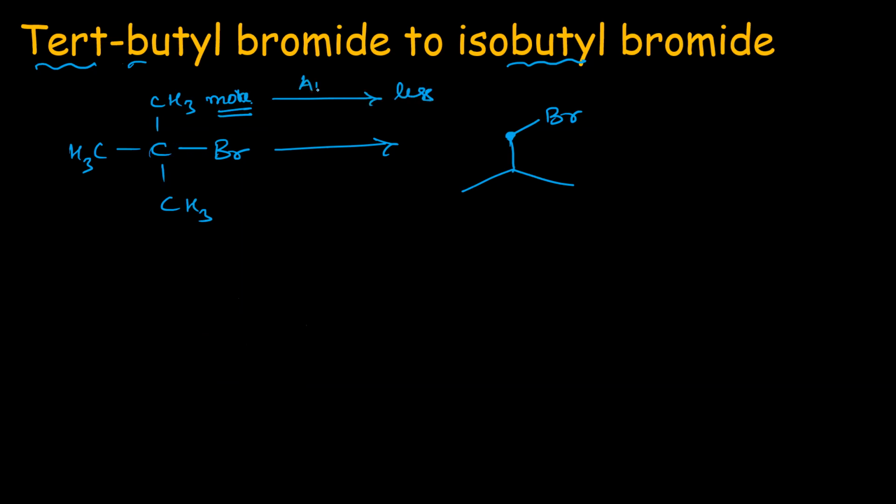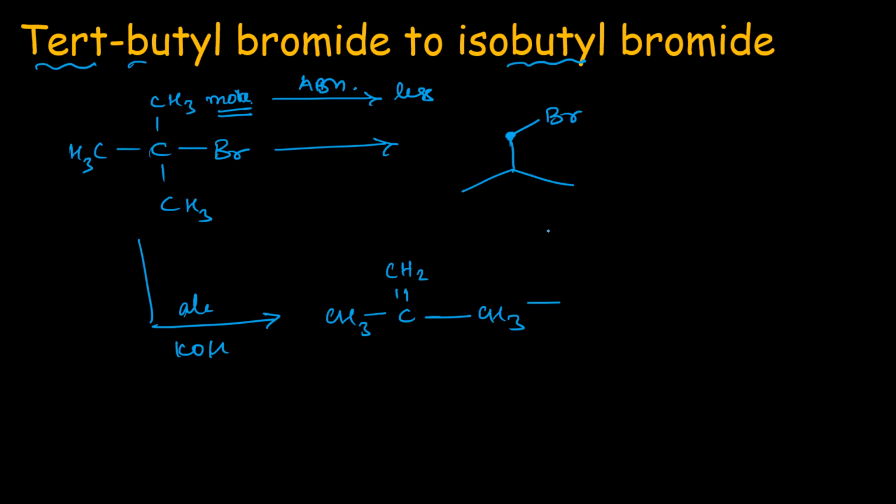If you are going from more to less, then we need anti-Markovnikov addition. For that, we need alcoholic KOH. Here the bromine will be gone, and you will get CH3, a double bond with CH2, and here CH3.